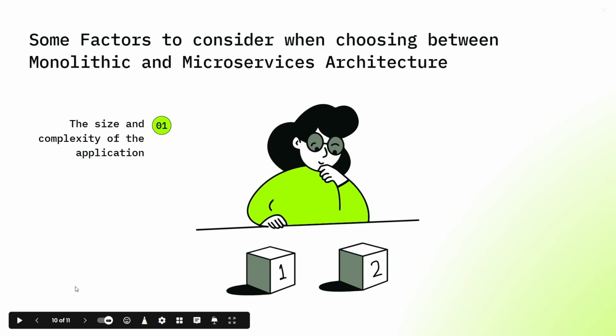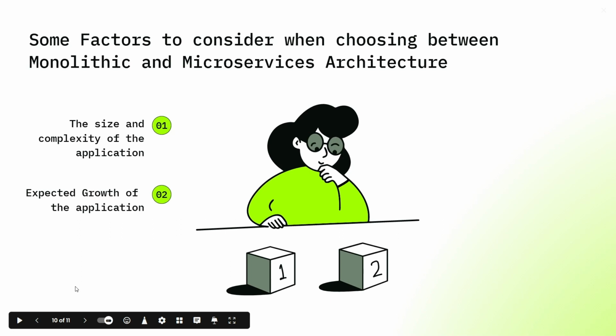The first factor is the size and the complexity of the application. Microservices architecture is a good choice for large and complex applications that need to be scalable and flexible. Monolithic architecture is a good choice for small and simple applications that are easy to maintain.